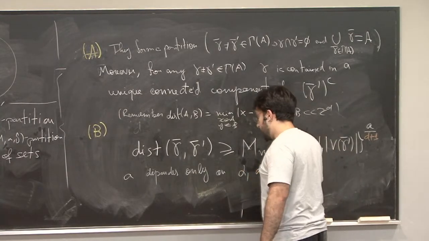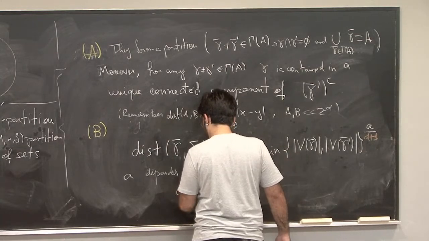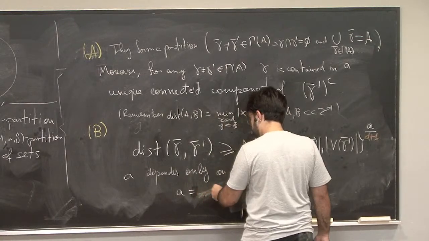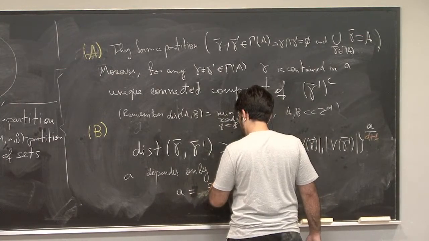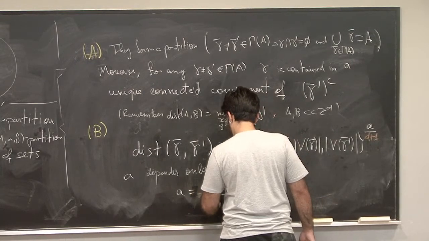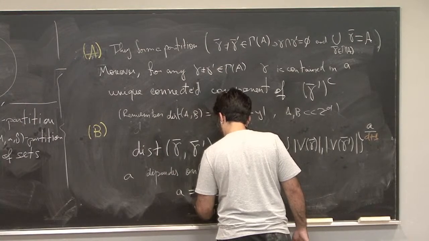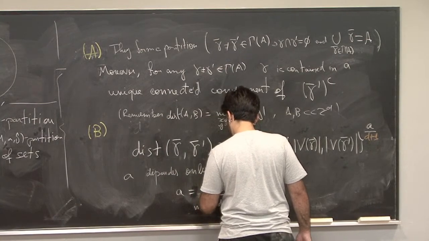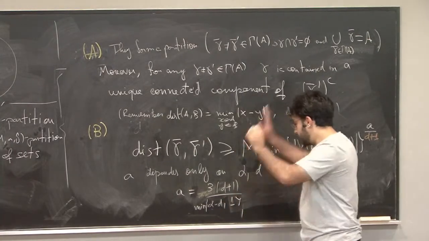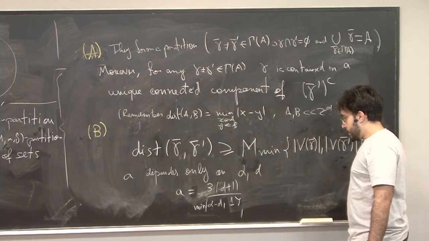We can take it to be, for instance, this condition right here, which is sufficient: 3d plus 1 over alpha minus d, over the minimum of alpha minus d and 1. This is sufficient.